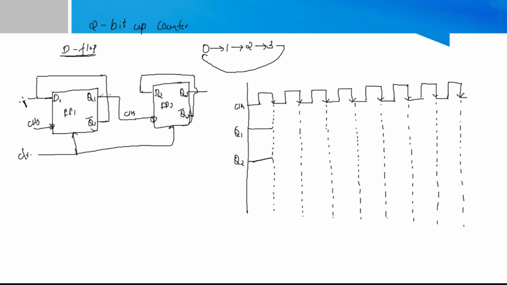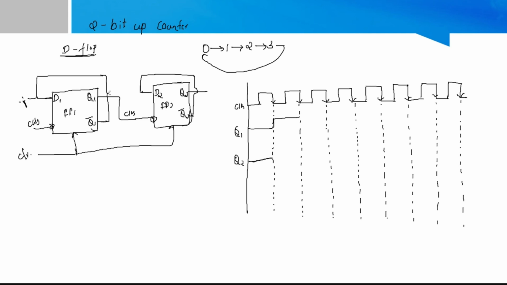So what will be the output of Q1? Q1 will be 1. Why? Because input is 1, output will be 1. So till the next falling edge of the clock, it will be 1. At the next falling edge of the clock, what will be the input at D1? 0.